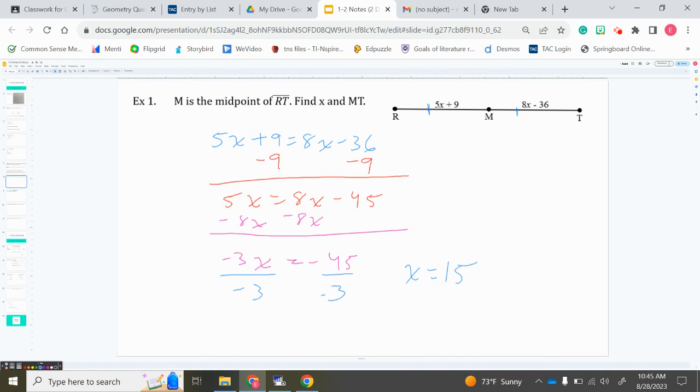They also want us to find MT. So I'm going to take this 15 and substitute it in for x. So this will be 8 times 15 minus 36, which gives me what?